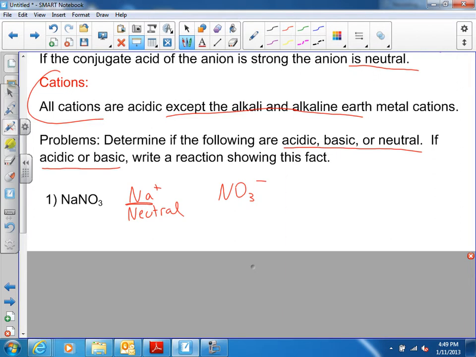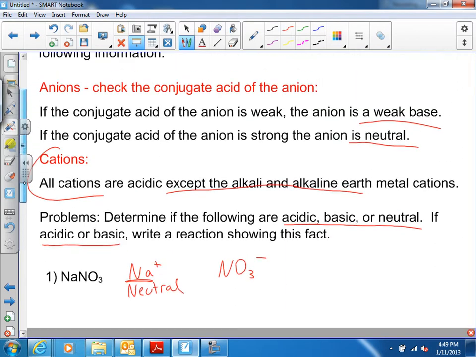All right, so nitrate. Anions. What do we do when we have an anion? Let's read this carefully. We have to check the conjugate acid of the anion. So for the conjugate acid, I add an H+. So the conjugate acid would be HNO3. And the instructions tell me if the conjugate acid is weak, the anion is a weak base. Is this weak?